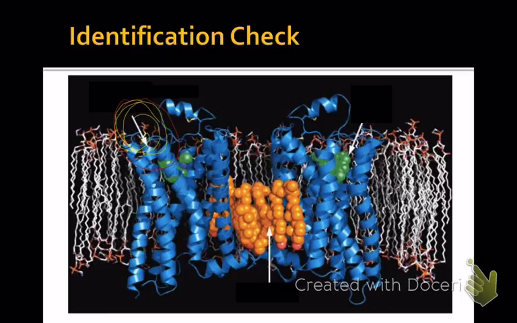Can you give me a specific category for that protein? I'm not sure you can tell whether it's a gate or a channel, but certainly you could tell me by its position whether it's integral or peripheral, right? Okay, so which one is it? Integral, definitely integral. Is it transmembrane? Yes. It sticks out both sides, right?